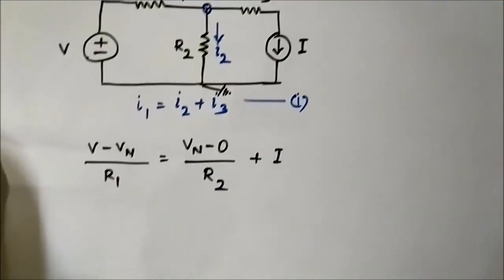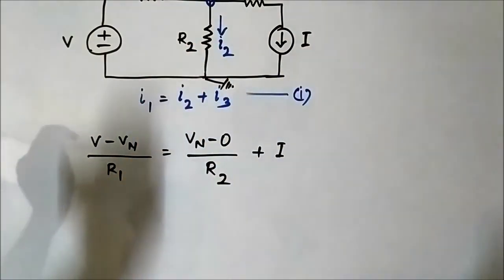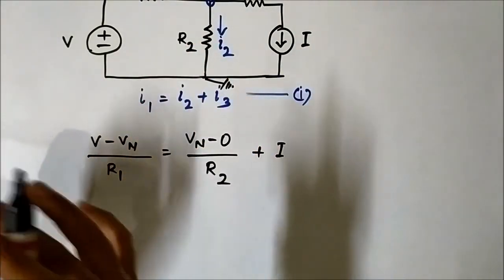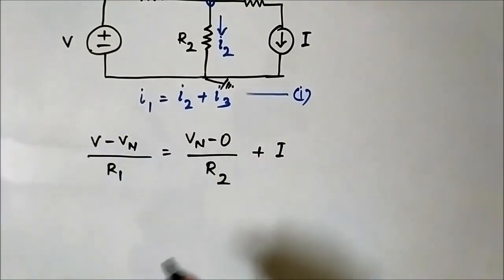Now we have to solve it. Here we cannot solve it because absolute values are not given. The intention was just to make you understand how the nodal equations are written.